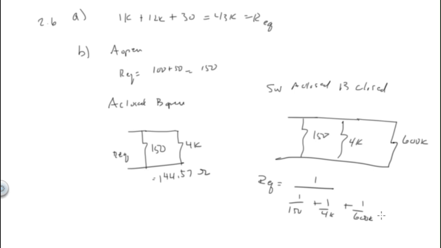Which is what? 144.54. Barely dropped from this number over here. It was 144.57, now it's 144.54. But that's what you'd expect because this is such a big number in comparison to this number. But that's how it came out. Anyway, it's good numbers. Keep on going.